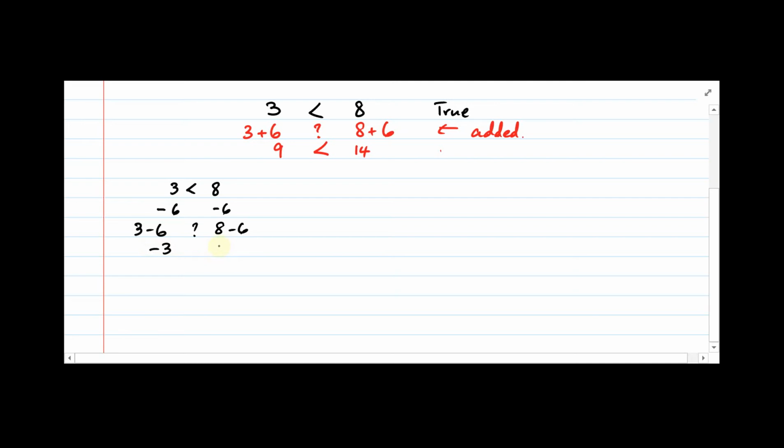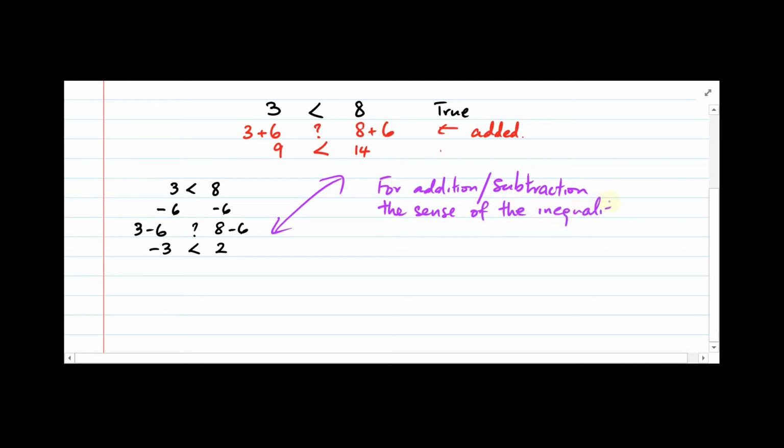So negative 3 and positive 2, all negative numbers are less than positive. So in both these cases, we can conclude that for addition and subtraction, the sense of the inequality remains the same. That is, it doesn't switch or turn on us.